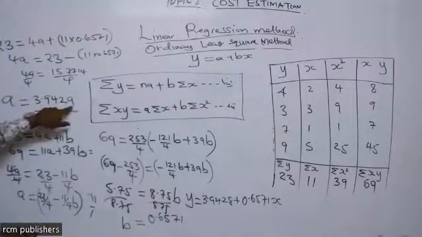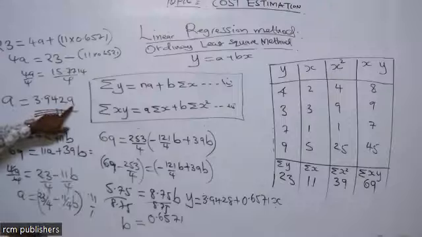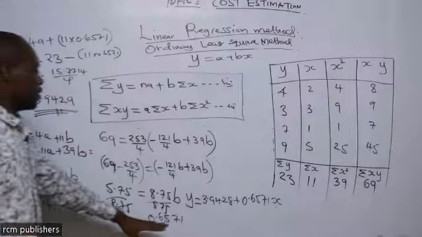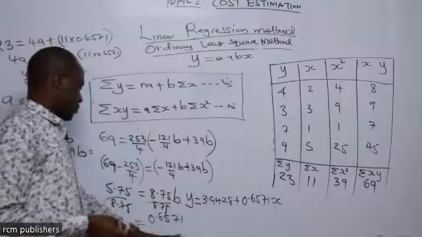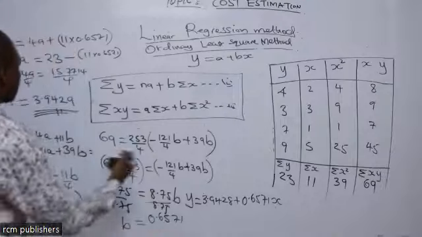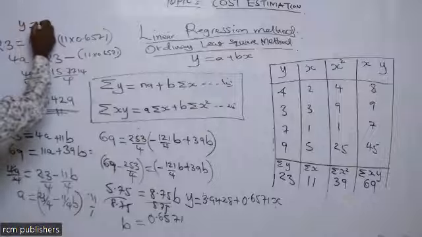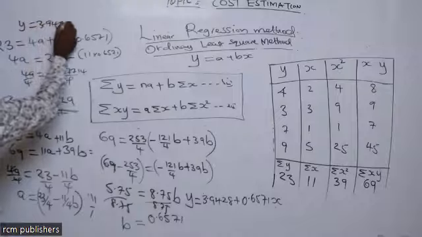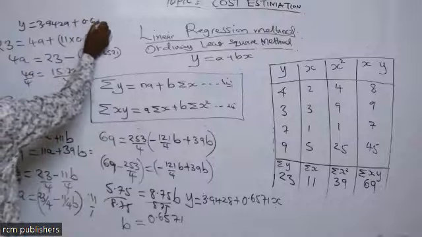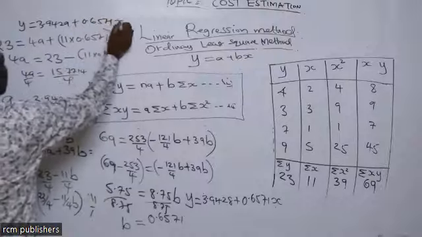This one here is just a difference of 1 due to rounding off, which has been affected by the dependent value of B here. So it means our function will be y is equal to A, which is 3.9429 plus 0.6571x.